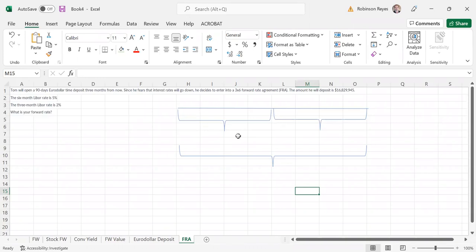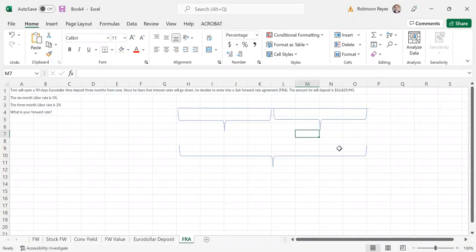The risk when we do that is that, let's assume the 3-month rate is 2% here, and we could have 2% here as well, but rates may go down to 1%. If we have this concern, then we may want to lock the rate that we will have in the future as well.